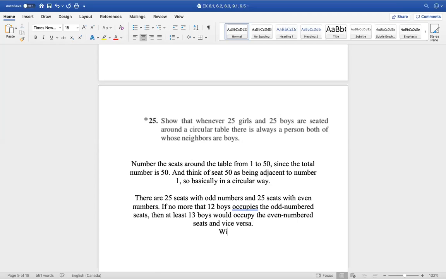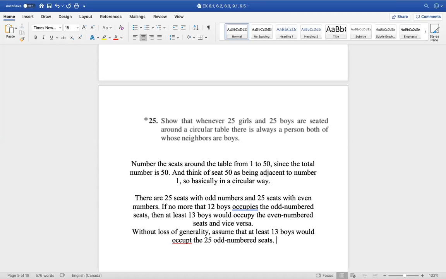So without loss of generality, assume that at least 13 boys would occupy the 25 odd number seats.